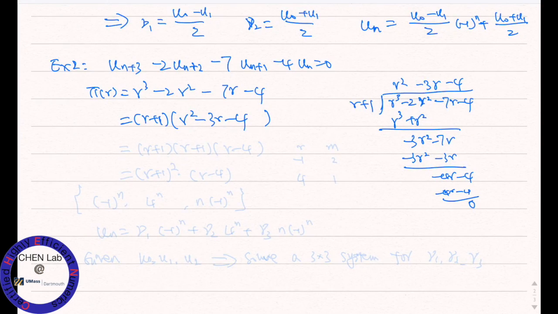So this is r plus 1 times r plus 1, r minus 4.